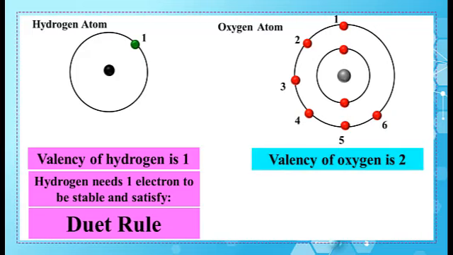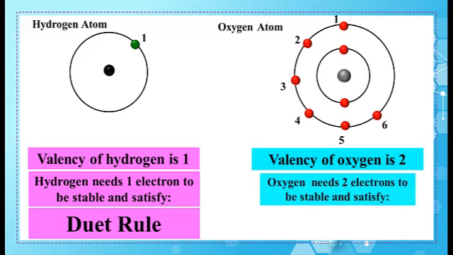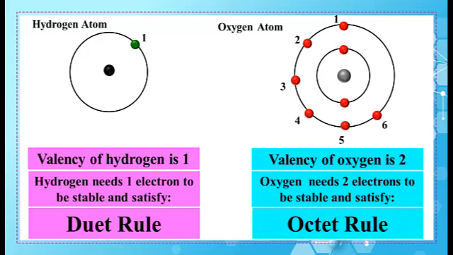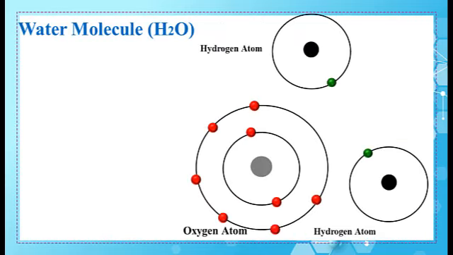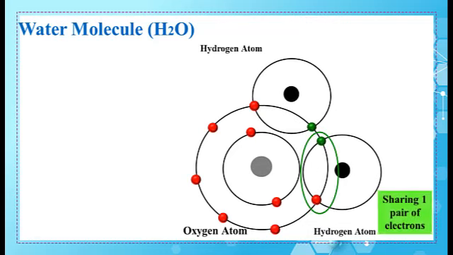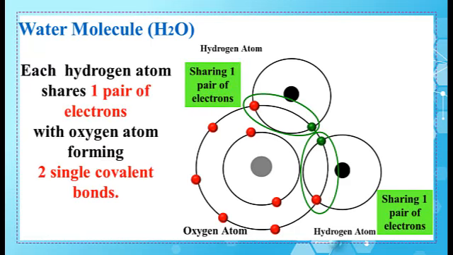So the valency of oxygen is 2, since oxygen needs 2 electrons to be stable and satisfy the octet rule. So each hydrogen atom will share 1 pair of electrons with the oxygen atom, forming 2 single covalent bonds.